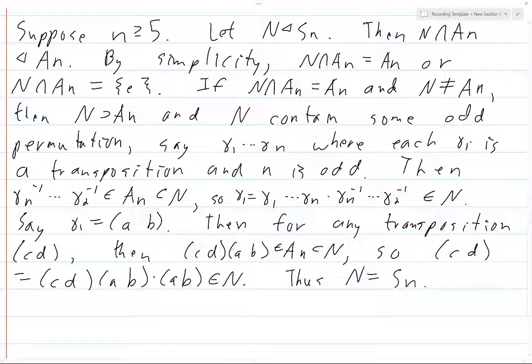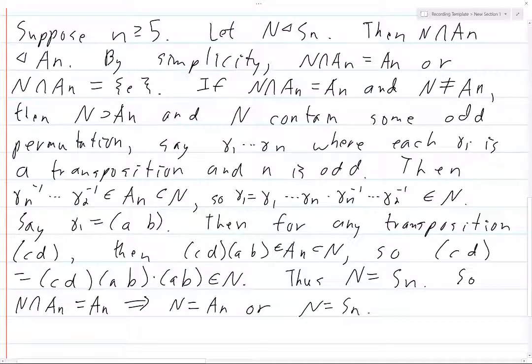Okay, so what have we proven? If N intersect An equals An, this implies that either N equals An or, by this whole other argument we had, N equals Sn.